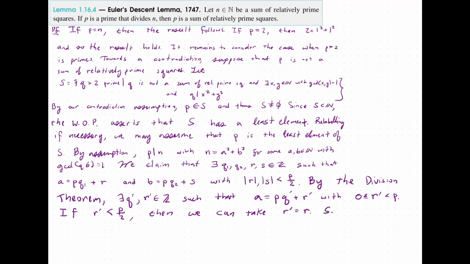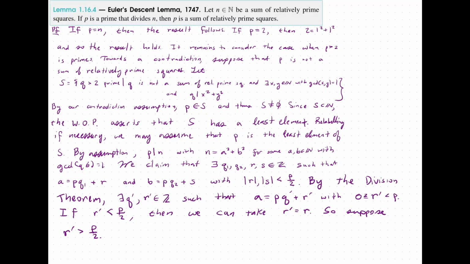So suppose that R prime is greater than P over 2. We don't have to show the equality, because as I mentioned earlier, P is odd, so P over 2 is not an integer. So we just have to consider R prime greater than P over 2. That's the only other possibility we have for what R prime can be.